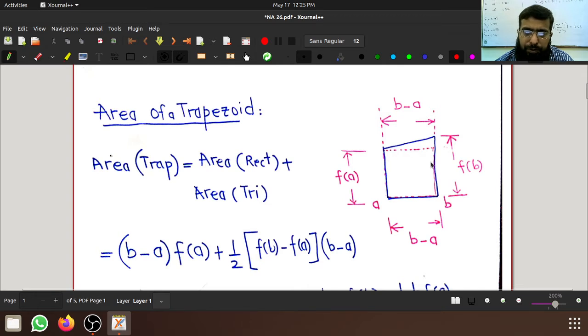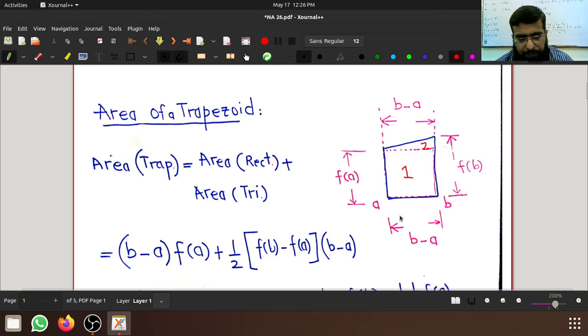The area of the trapezoid can be thought of as the sum of the area of the rectangle and the area of the triangle. The area of the rectangle is simple to calculate.